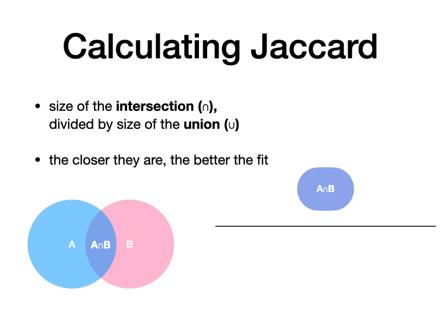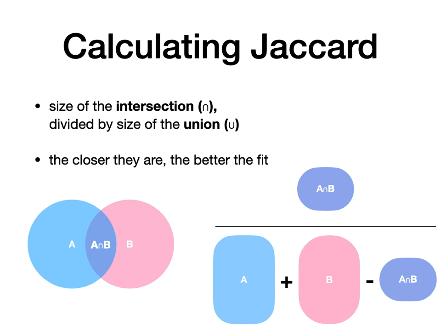We can take the size of all of set A, add that to the size of all of set B. Now, that's almost the union. That's like the size of both sets. But we're failing to account for the fact that we counted all of the intersecting pieces twice. So we subtract off the intersection again.